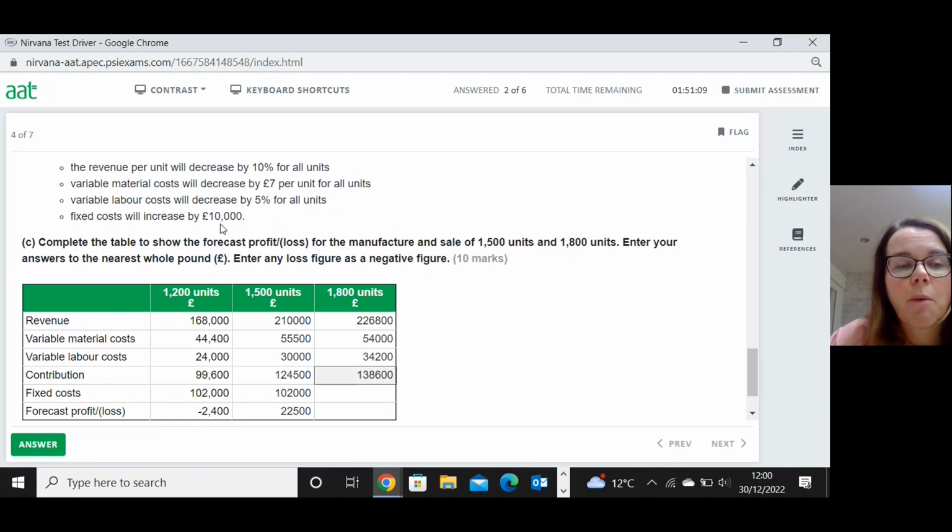Fixed costs are actually going to go up by £10,000. So 112,000, maybe because we're operating at higher capacity, we've had to get a new supervisor or a new storeroom or something like that. So 138,600 subtract 112,000 gives me £26,600.